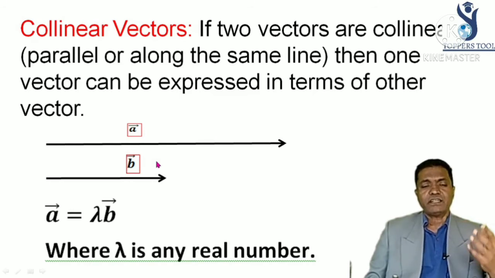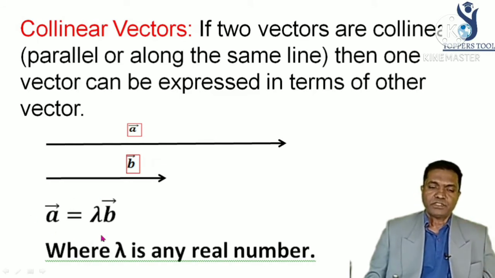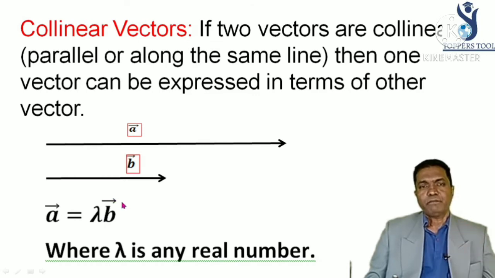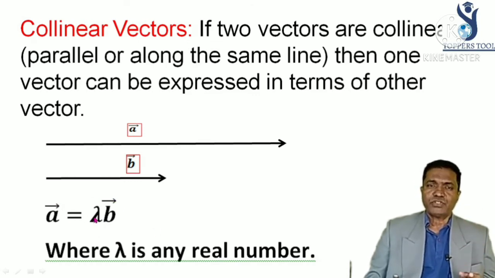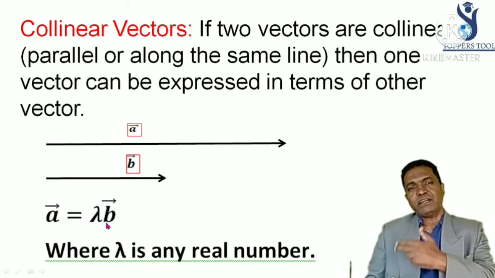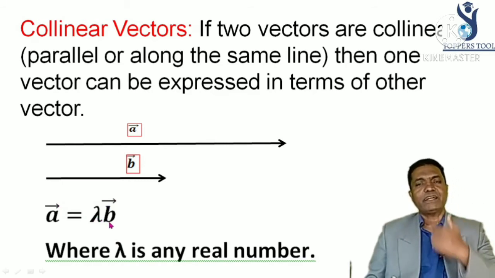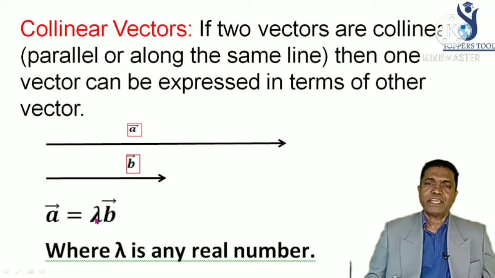So whenever two vectors are collinear, you can express one vector in terms of another vector. If vector A and vector B are collinear, then you can write vector A is equal to lambda times vector B, where lambda is some real number. It is positive if vectors A and B are along the same direction, and lambda is negative if they are in opposite directions.